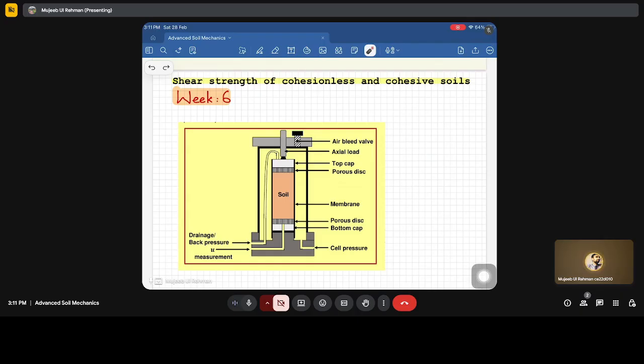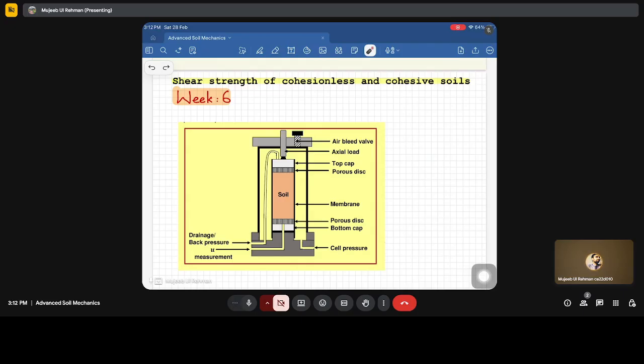So this is a conventional triaxial setup, and if we talk about triaxial testing, if we are having a direct shear test, what was the need of going to the triaxial test? So the first thing is that in the direct shear test we have a limit on the type of material that we can use. In the direct shear test also we are not able to control the drainage. Pore water pressure measurements cannot be done there, and we are shearing the sample over a predetermined horizontal surface, correct?